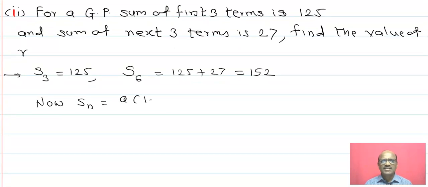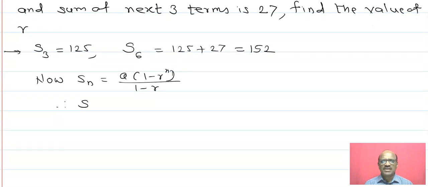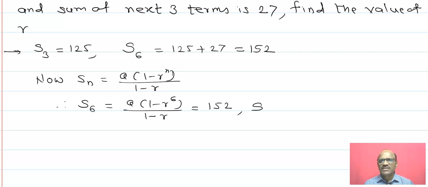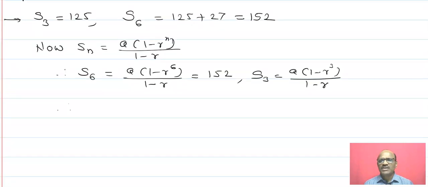Now here Sn is equal to A in bracket 1 minus R raised to n upon 1 minus R. Therefore, S6 is equal to A in bracket 1 minus R raised to 6 upon 1 minus R, which is equal to 152. And S3 is equal to A in bracket 1 minus R raised to 3 upon 1 minus R.